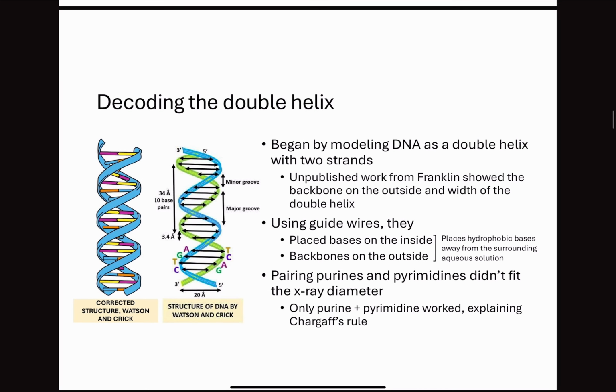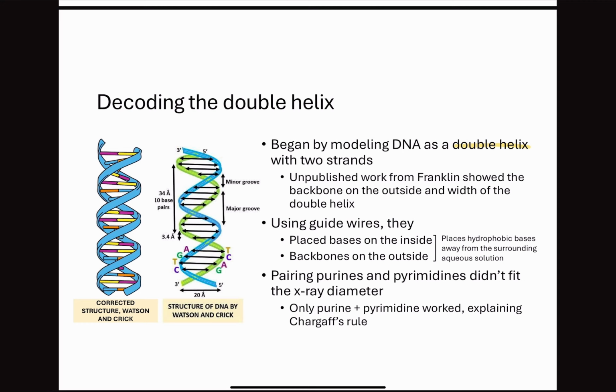So, Watson and Francis Crick began to work on a model of DNA that had two strands, which was known as the double helix. He used unpublished work from Franklin, which showed the backbone was on the outside and the width of the double helix as well.